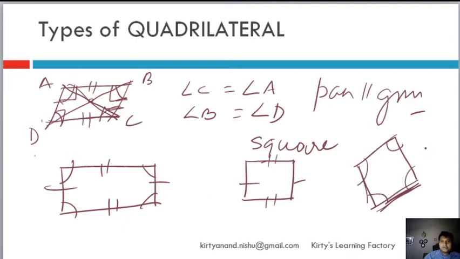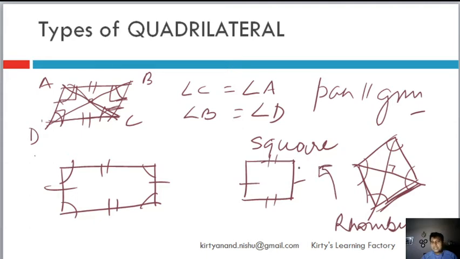Okay, such a parallelogram is known as a rhombus, and the diagonals of a rhombus bisect each other at an angle of 90 degrees. So a rhombus is something that you can confuse with a square, but the only difference is that in a square all the internal angles are equal and 90 degrees, whereas in a rhombus that is not the case.